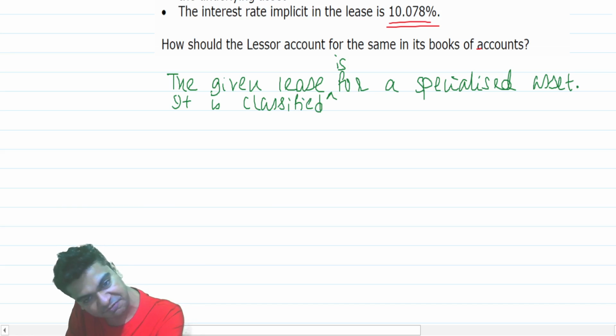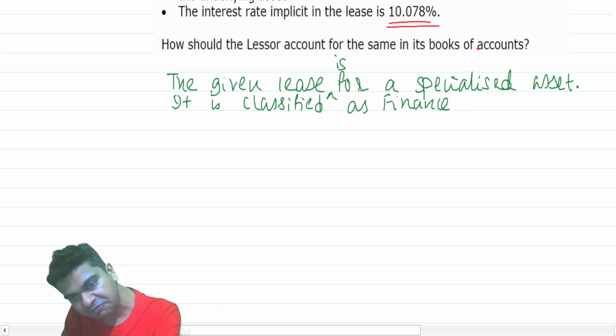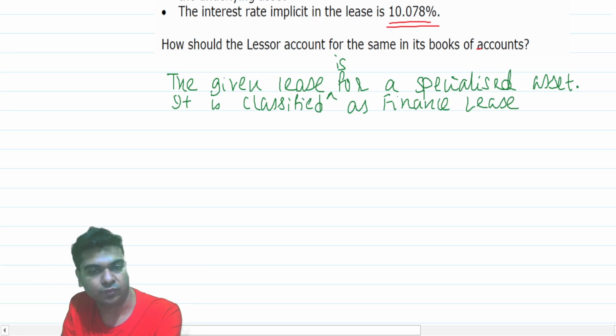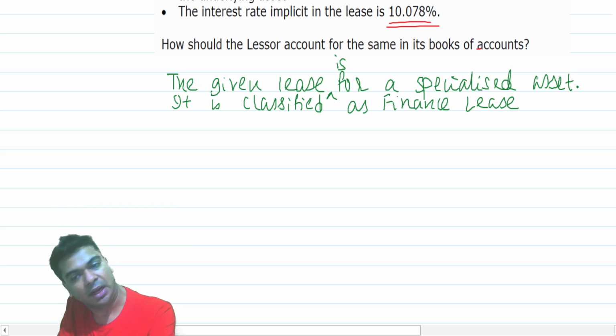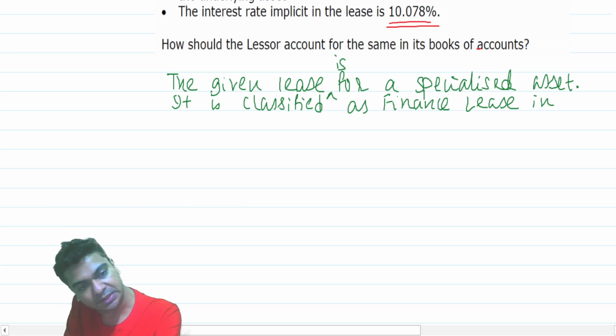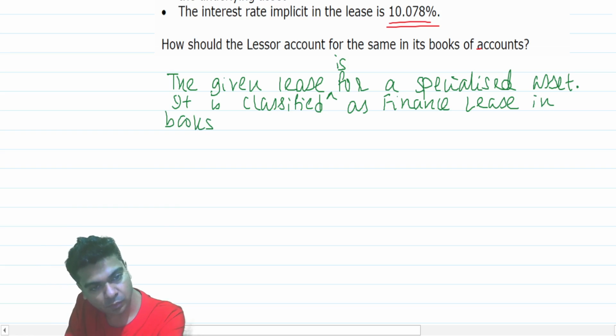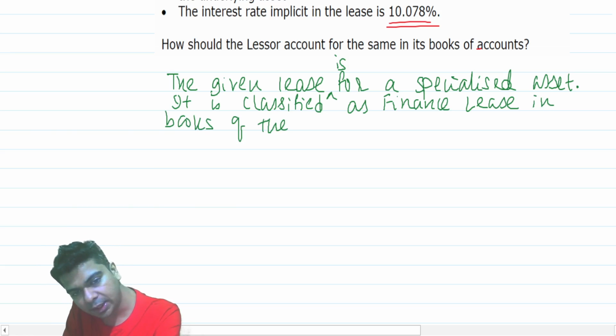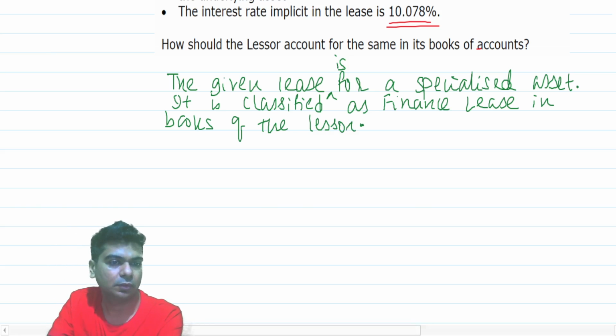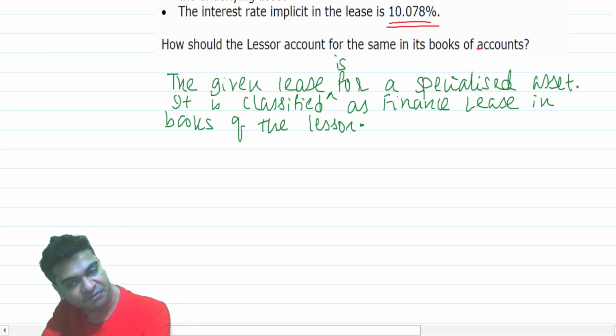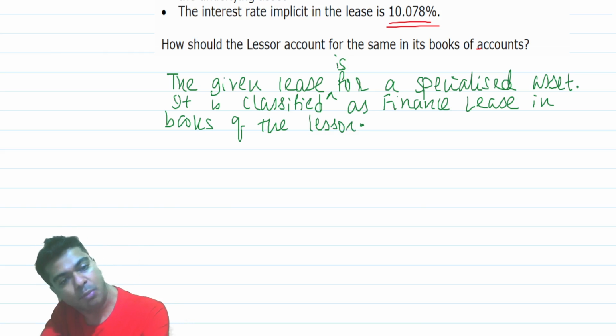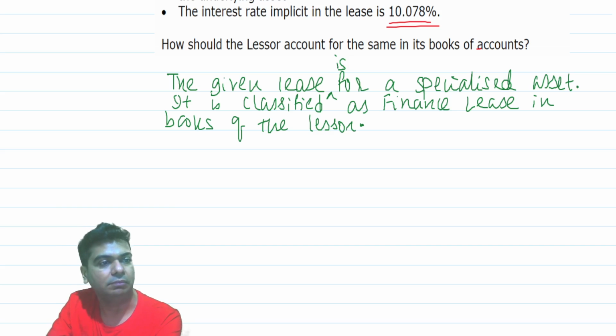It is classified as finance lease in books of the lessor.